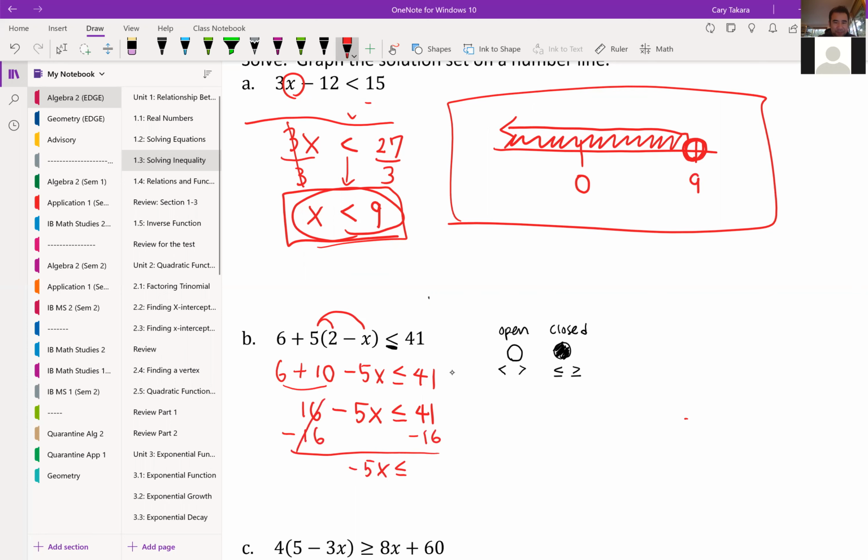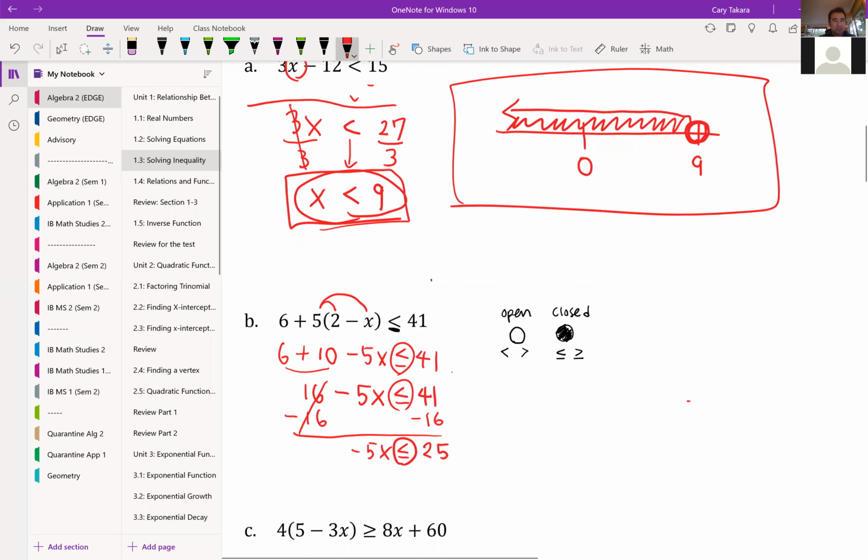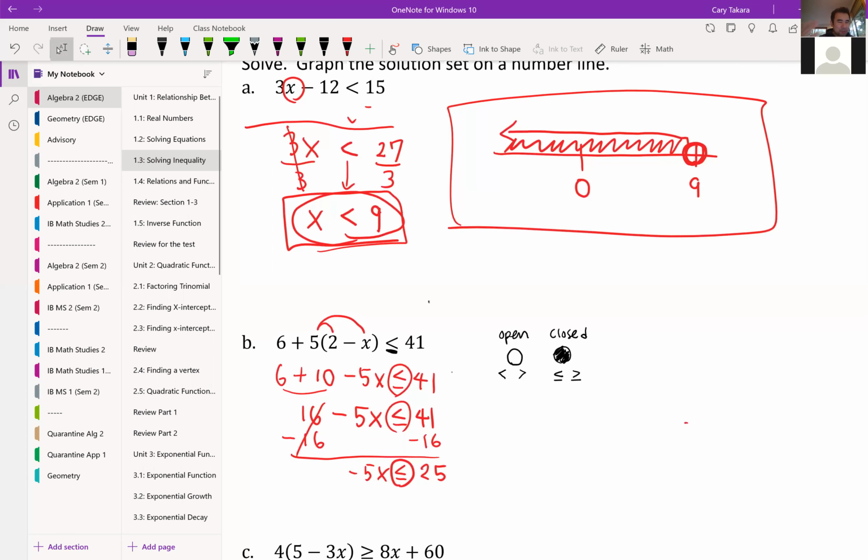Yeah. And notice that the inequality sign is still the same. It's all the same, okay? Because you're subtracting 16 on both sides, you're not going to change that sign, okay?